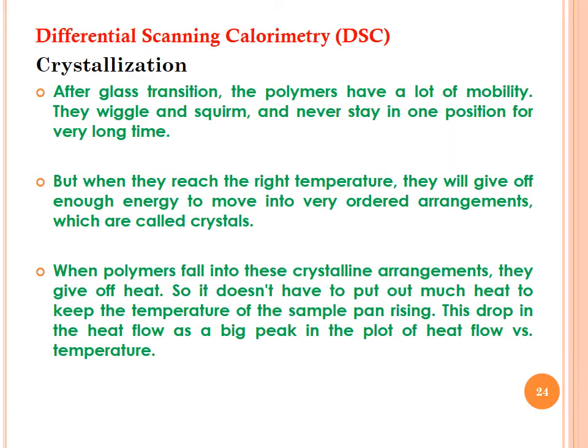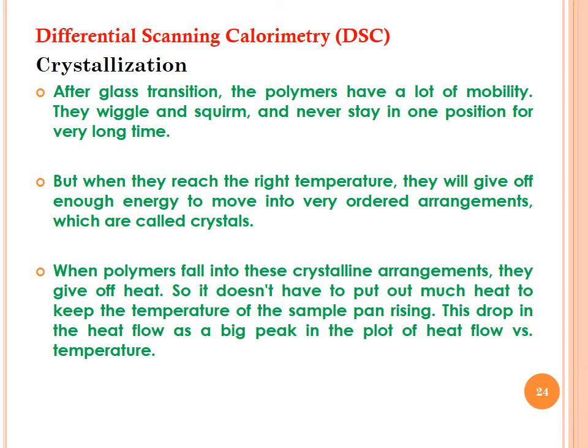From DSC we can measure the phenomenon of crystallization after glass transition. This particular polymer has a lot of mobility. They wiggle and squirm and never stay in one position for a very long time. Wiggle and squirm means moving up and down with small movements side by side. But when they reach the right temperature, they will give off enough energy to move into an ordered arrangement, which is called the crystal arrangement.